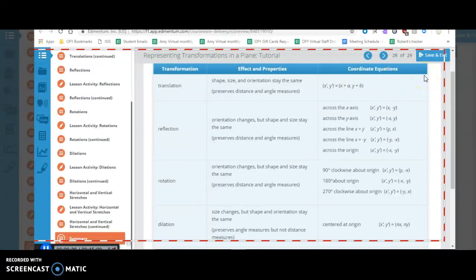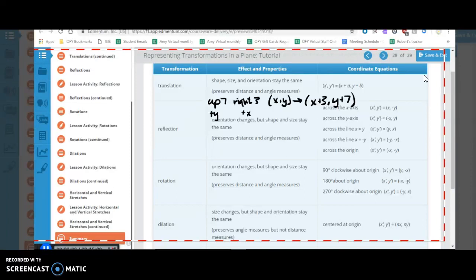Let's do another example. If I want to go up 7, right 3, then the point (x, y) is going to change to be x plus 3 and y plus 7, since up is adding to the y, and right is adding to the x. So you've got to remember the up, down, left, right, what we add and what we subtract to the x and y.